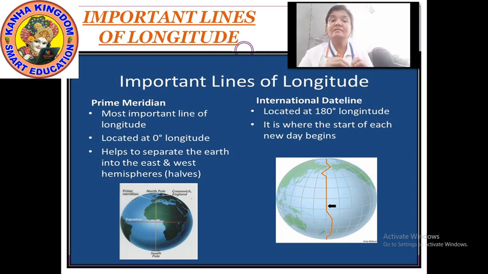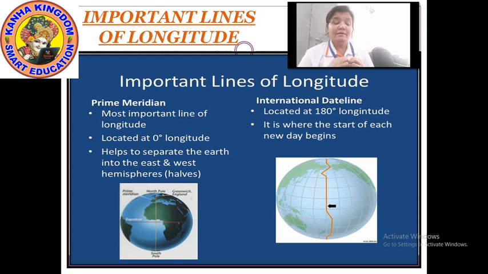It is where the start of each new day begins. Means this line is situated in such a place where each and every place has a new day, the beginning of the new day. So this line is situated where each new day begins.